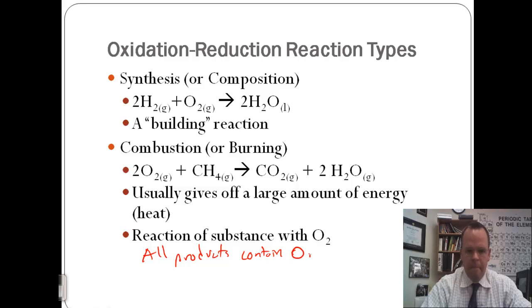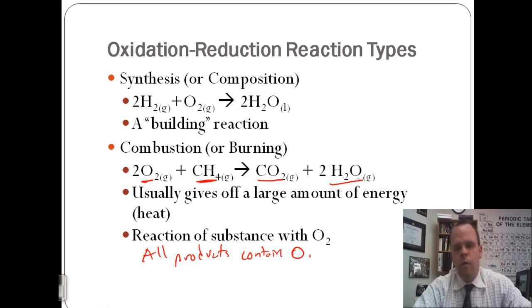This is the common form: a hydrocarbon, a carbon-hydrogen compound, reacts with oxygen to form carbon dioxide and water. Water may be a bit confusing because how is water given off when something burns? But remember, this is water as a gas. It's not a liquid. You're not going to get a puddle of water in the flame. It's a water vapor, the steam.